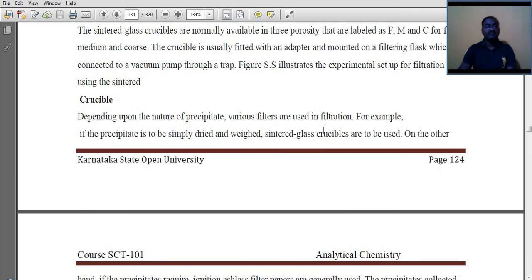Depending upon the nature of the precipitate, various filters are used in filtration. For example, if the precipitate is to be simply dried and weighed, sintered glass crucibles are to be used.